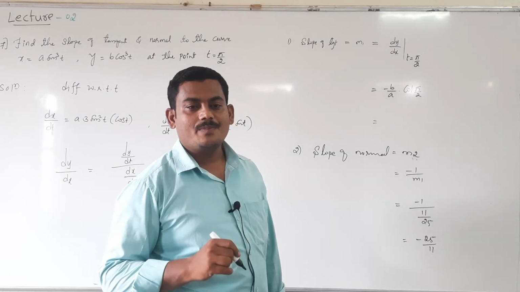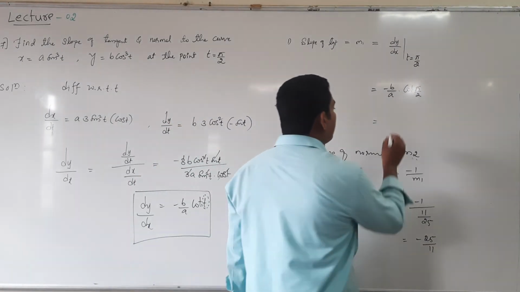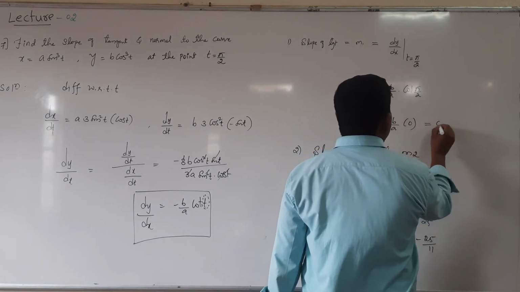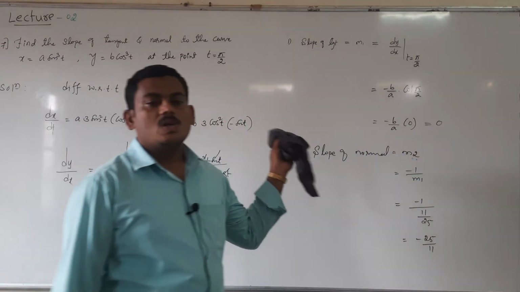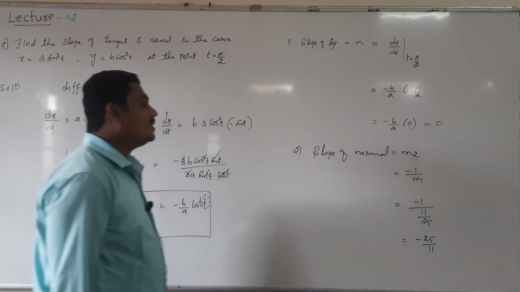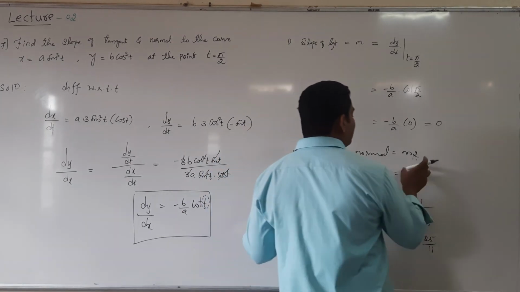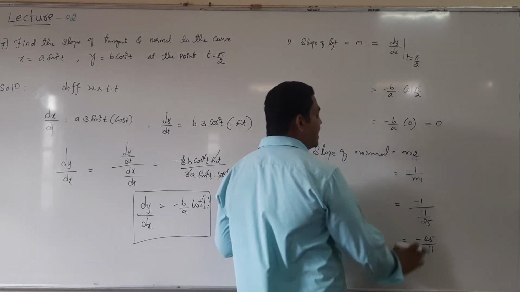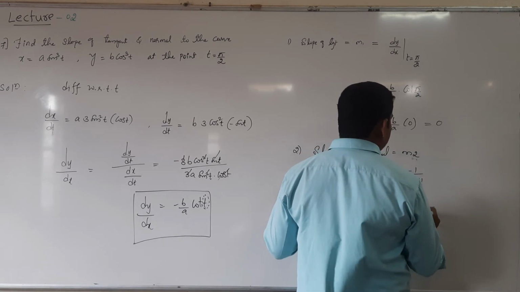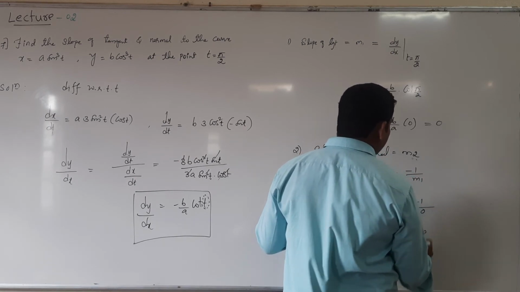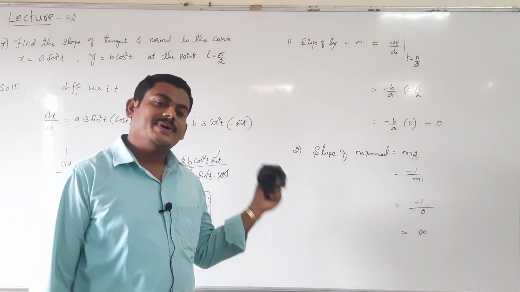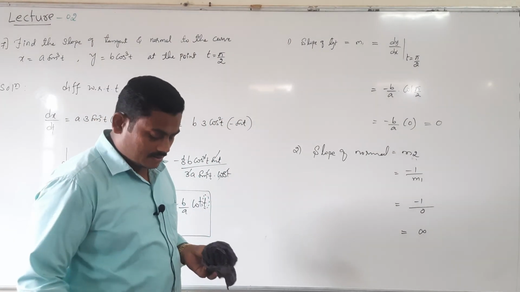Tan pi by 2 is infinity, cot pi by 2 is 0. Minus b by a into 0, that's equal to 0. Slope of tangent to this curve is 0. Then what is slope of the normal? Minus 1 divided by slope of the tangent, that's equal to minus 1 divided by 0, it gives infinity only. Otherwise you can write minus infinity also. Otherwise write not defined.